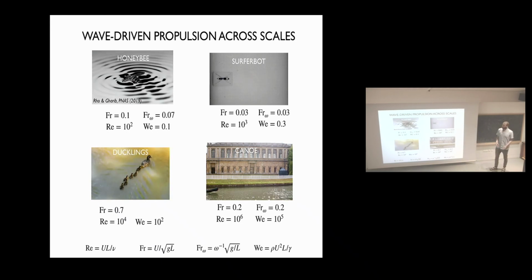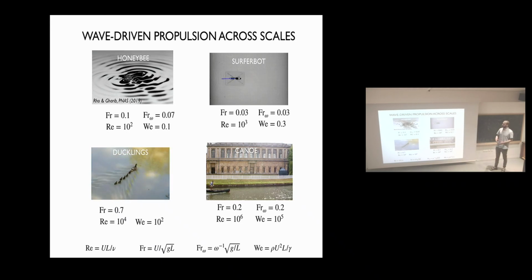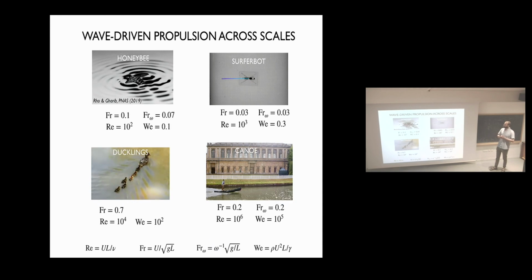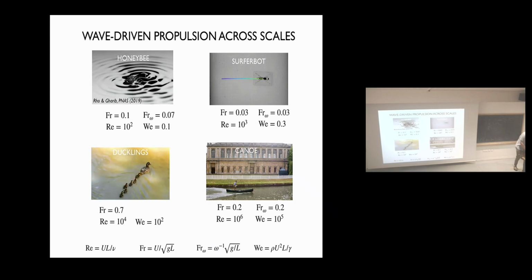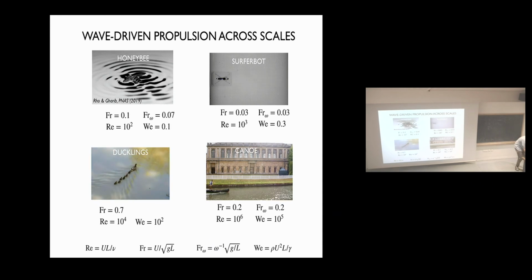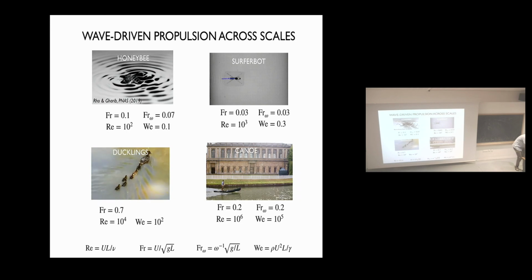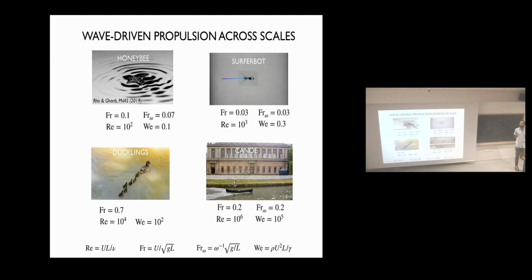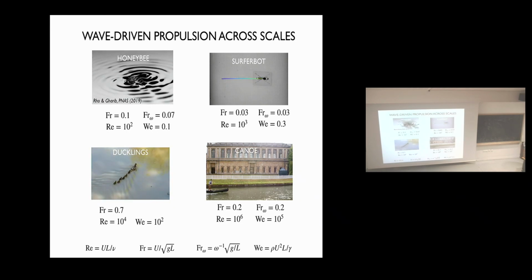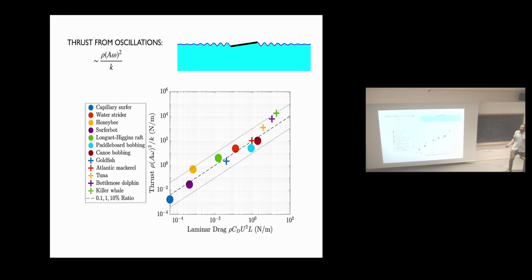So it would be nice to create some sort of unified theory which encapsulates all of these different things, and just some very hot off-the-press results, which I haven't published yet. But you can take a bunch of different propulsion examples.